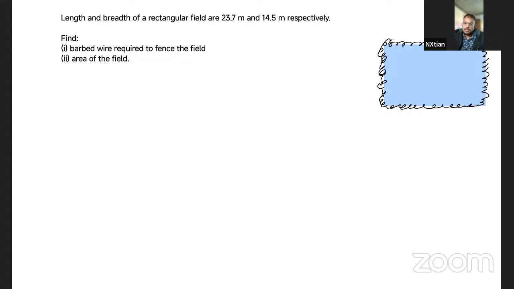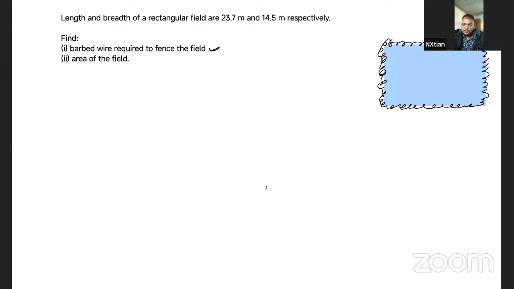Understood, guys? The perimeter of a rectangle will become the length of the barbed wire. Understood, guys? No, you didn't understand anything.